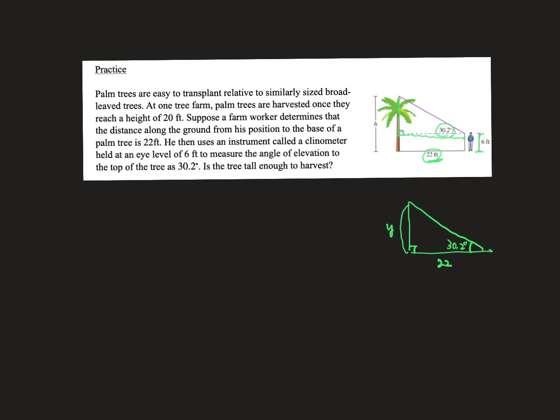We are talking about height, not the whole thing from here to here, but we cannot find it right away because this is not a right triangle. So the top triangle first. What do you want to use? Opposite and adjacent. That's tangent. Tangent 30.2 equals y over 22.